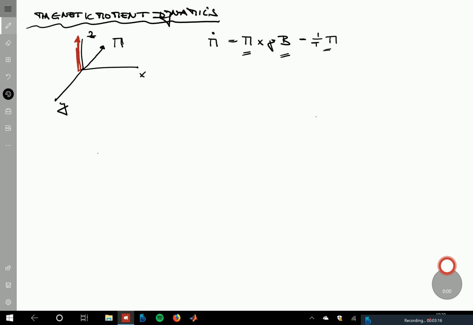If one looks at this in a little bit more detail and actually computes the cross product, one gets the following system of differential equations. mx, my, and mz are the components of this vector, so the three numbers that you need to specify the head of this arrow, if you represent it as an arrow, or just the point.